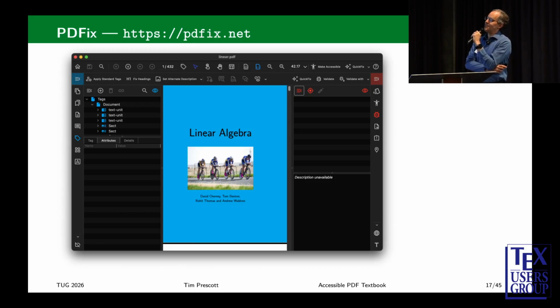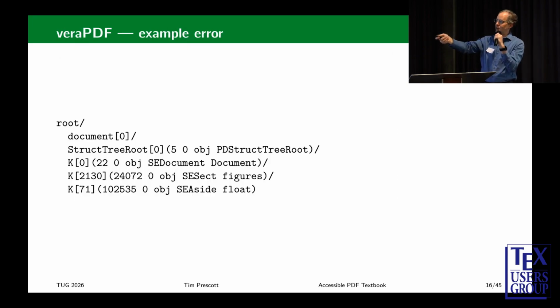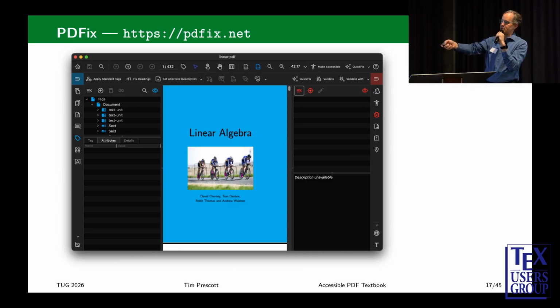Okay, PDFix looks like this. It does list the tagging structure, so there's been a few times where VeraPDF would find an error, but PDFix would not. But I can use the tagging structure to figure out where, and I can drill down and follow this address to find what is the problem.